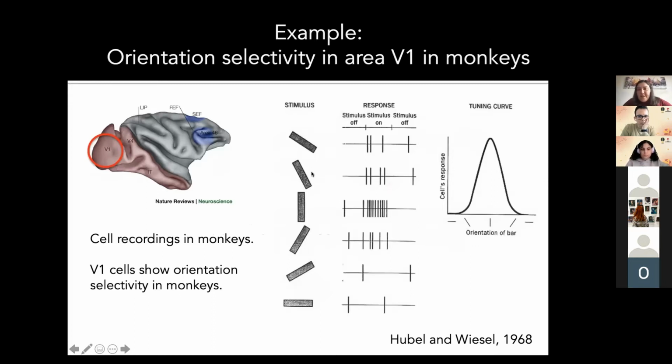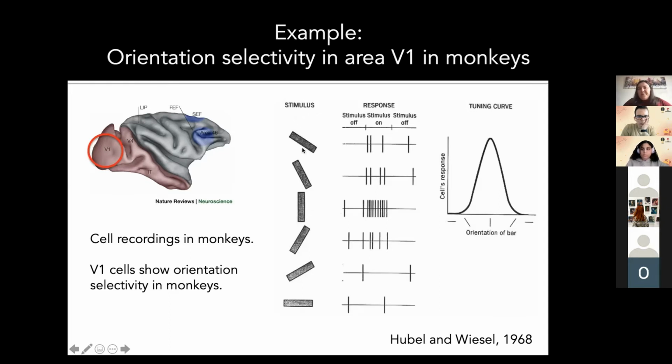What does it mean? For example, if you show a bar like this, or let's say at 90 degrees, you see the action potential firing of a neuron when it is presented a bar like that.